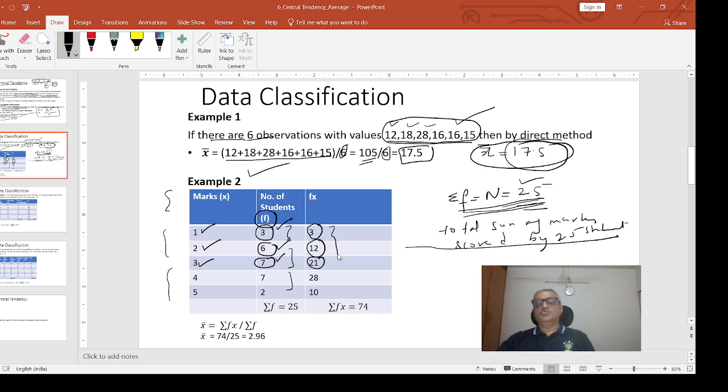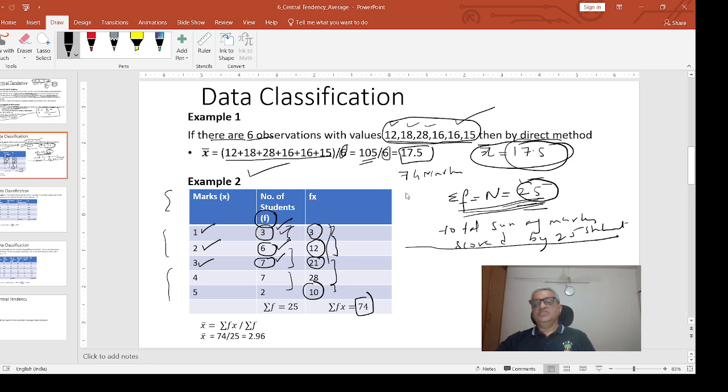I get all the rows with the total marks scored by that many students, and if I sum all of these, I get 74 as the total. So 74 marks are scored by 25 students.